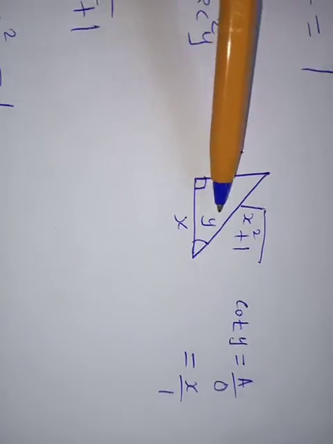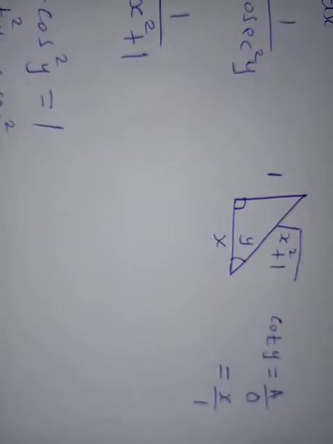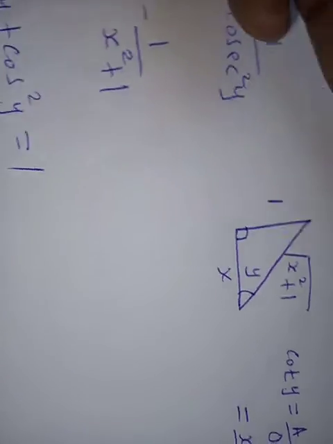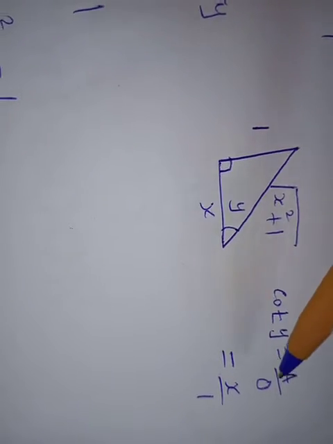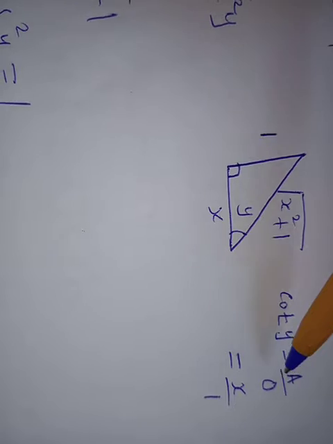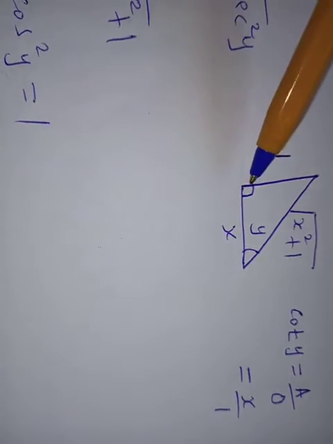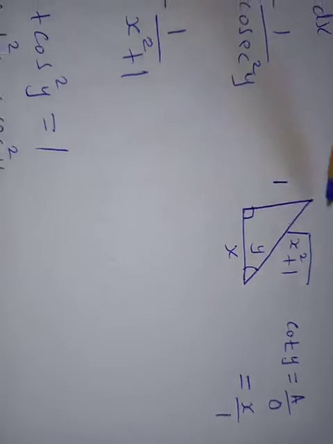So I have drawn this triangle with adjacent x and opposite 1, so cot y is x over 1. Then using Pythagoras theorem, we get the hypotenuse, which is the square root of x squared plus 1.